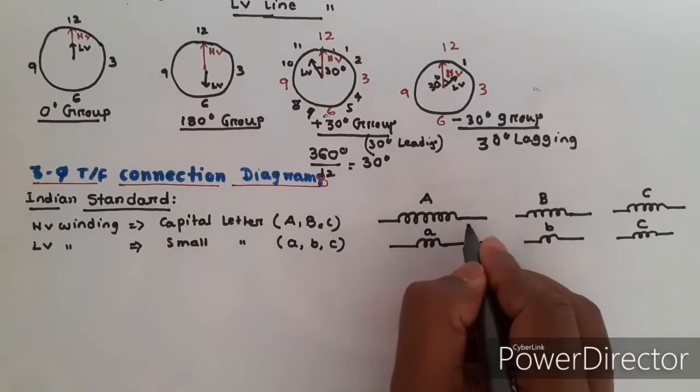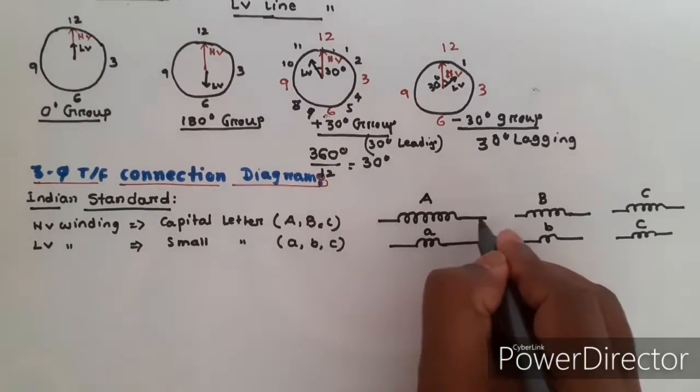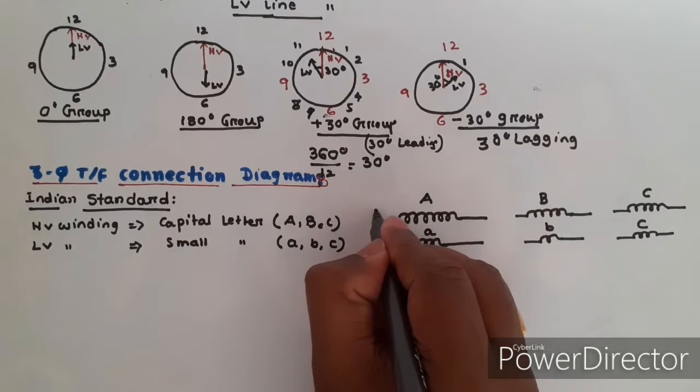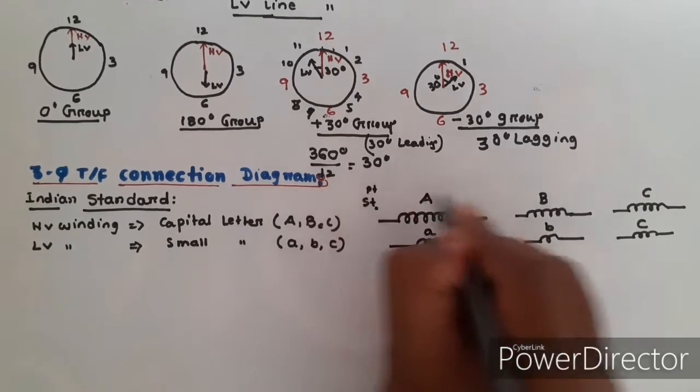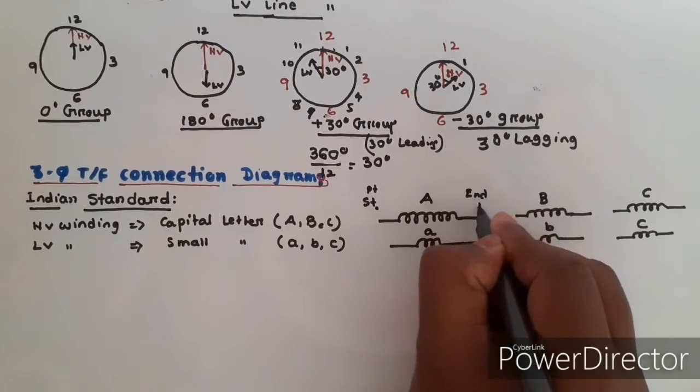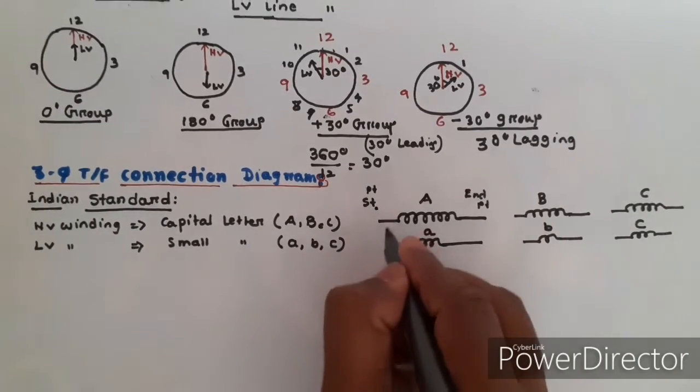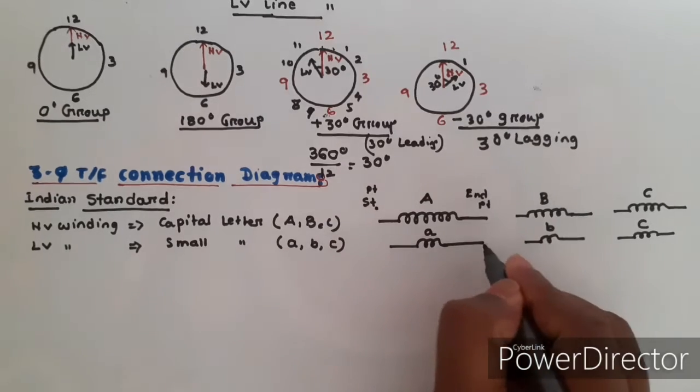Now every winding has a starting point and end point. This is the start point, this is the end point. Similarly for LV, there is a starting point and end point.